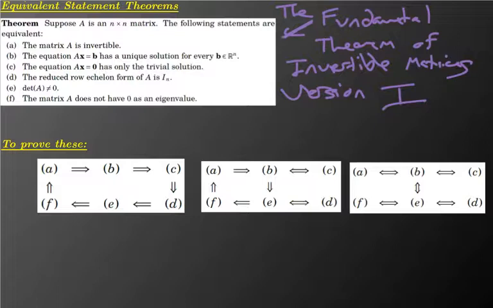So this thing is very famous in linear algebra, and I know I showed you at one point the final version, which has a bunch more equivalent statements coming down here. We basically spend the entire year of linear algebra just going through and learning different things that are the same.